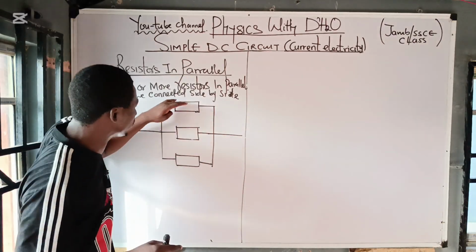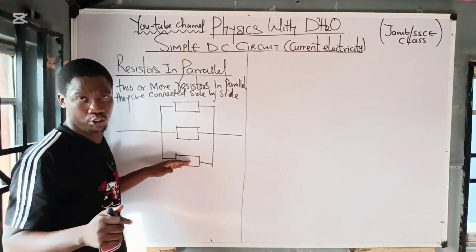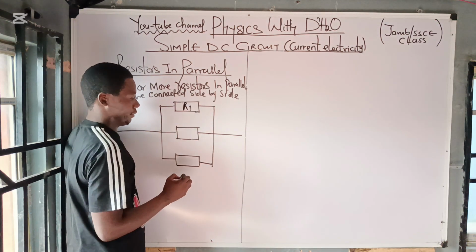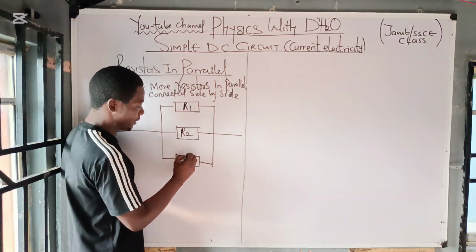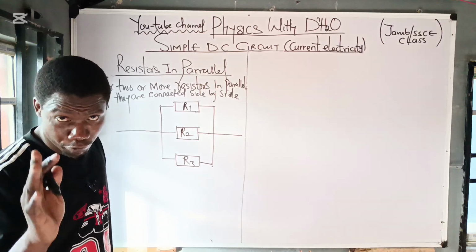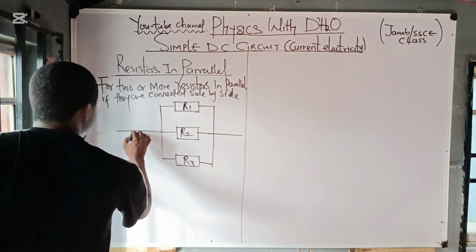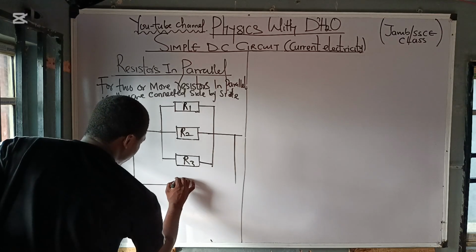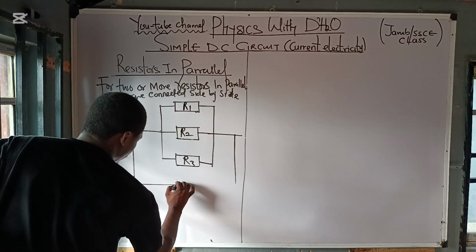The reason is because the resistors are connected side by side. So this one is called R1, this is R2 and this is R3. Watch carefully. Now, if I connect a PD, a voltage, to these three, this is my voltage.